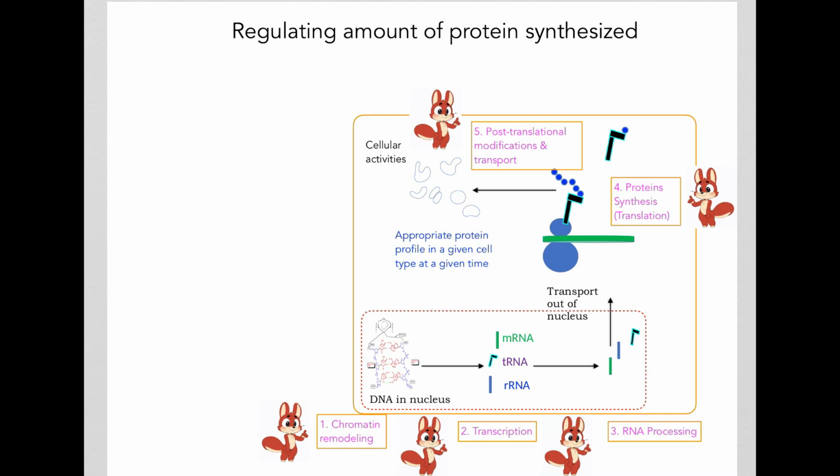There are many different proteins that are involved in these steps that lead to the synthesis of an enzyme. This means that in order to control how much enzyme is present in the cell, any one of these proteins that are involved in these steps can be regulated. Let's look at some examples of these proteins.